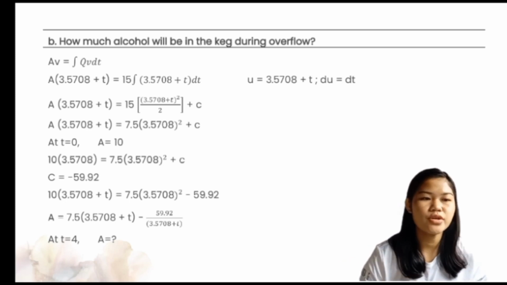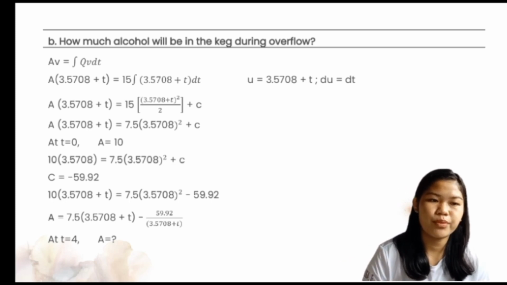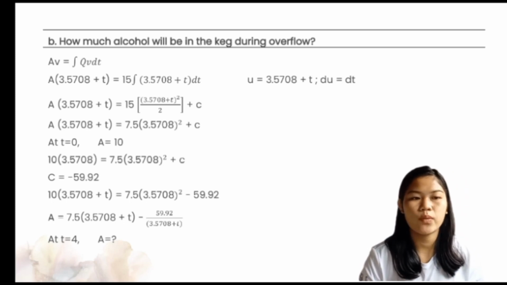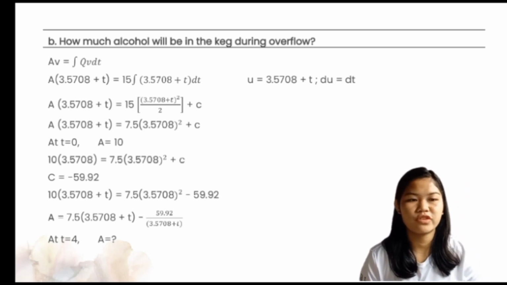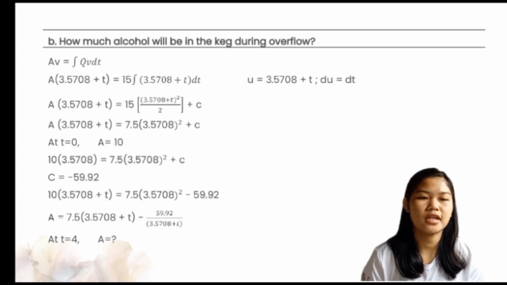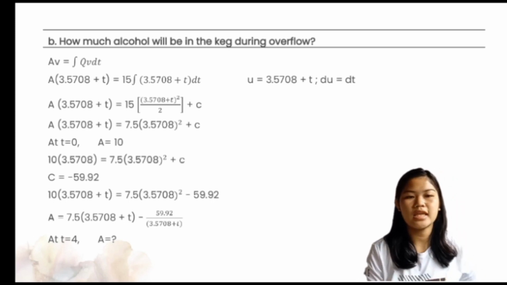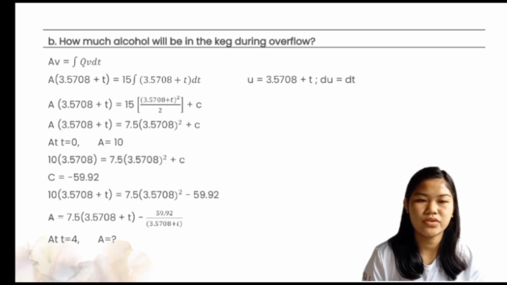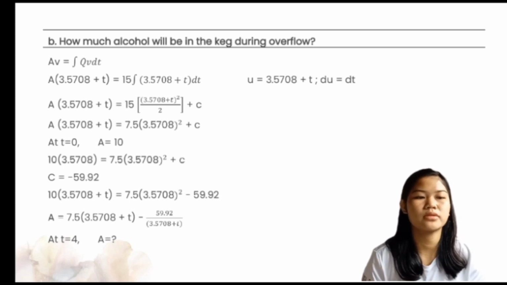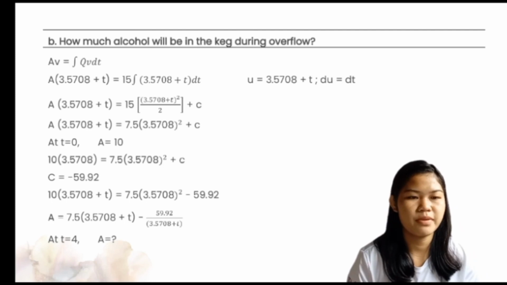So, plugging in the values, we have A times (3.5708 + T) is equal to, our Q is 15, and the integral of (3.5708 + T) dt, where u is 3.5708 + T and du is equal to dt. So, simplify the equation.